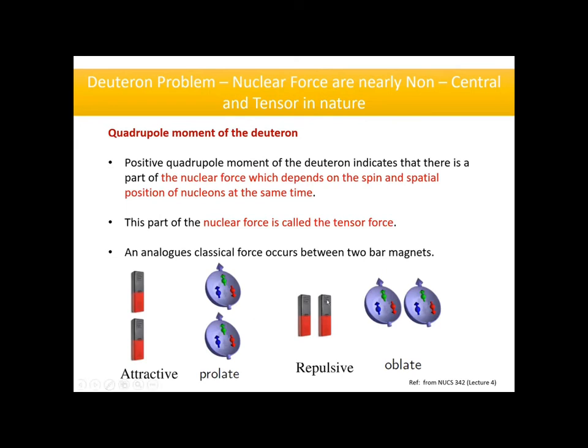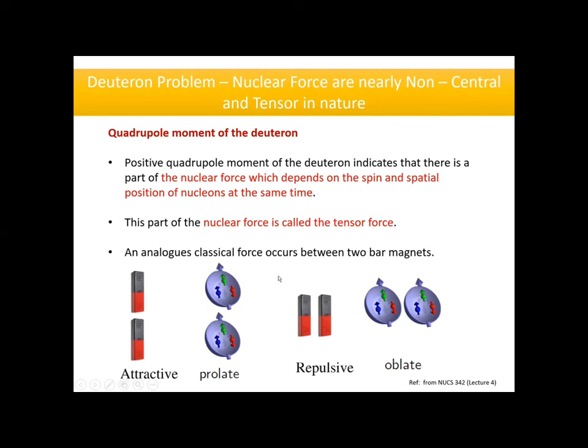So for deuteron, the force is repulsive when the spins are parallel and perpendicular to the line joining the nucleons. And the force is attractive when the parallel spins are also parallel to the line joining the nucleons.